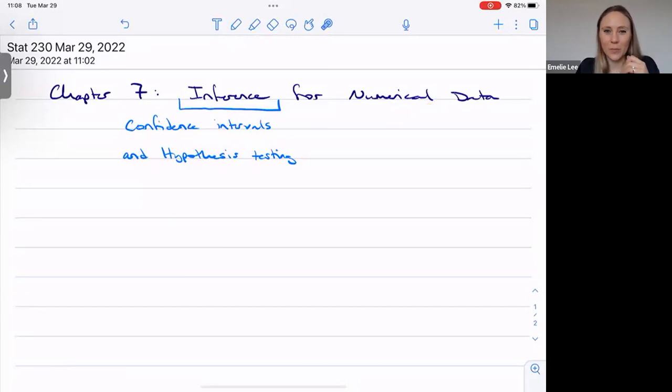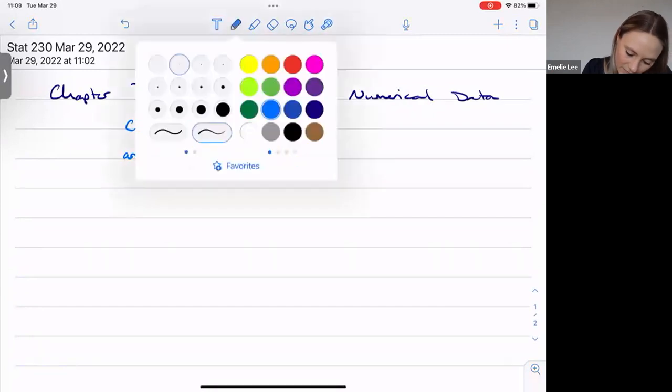And so we kind of built up these skills using proportions, and then finally we finished with, okay, well, what if I have two categorical variables and I'm allowing them to have as many categories as they want to have, right? How can I test if they're dependent or independent of each other, right? So it's kind of a quick recap of chapter 6, but now we're going to do something similar for numerical data, okay?